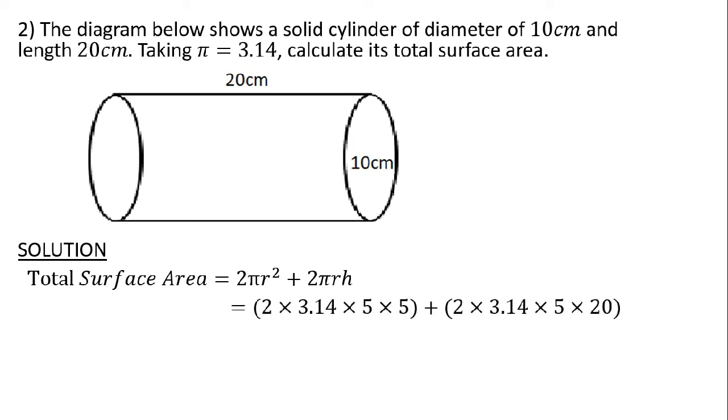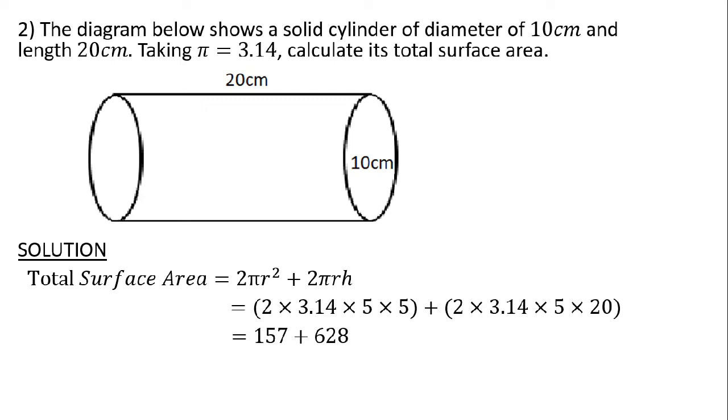So we are going to say 2 times 3.14 times 5 times 5 plus 2 times 3.14 times 5 times 20. When you substitute, what we are going to get is 157 plus 628. If you multiply 2 times 3.14 times 5 times 5, you get 157.